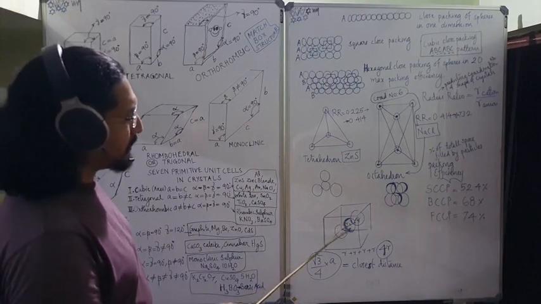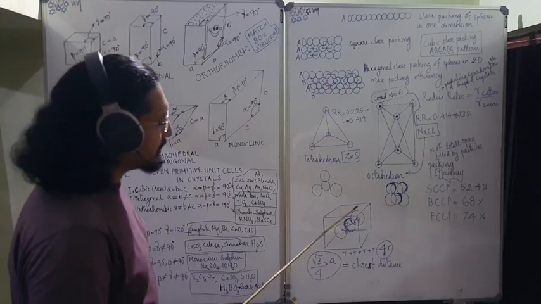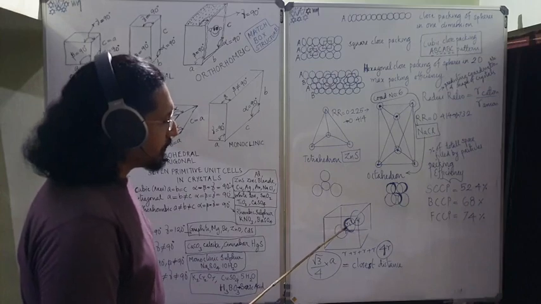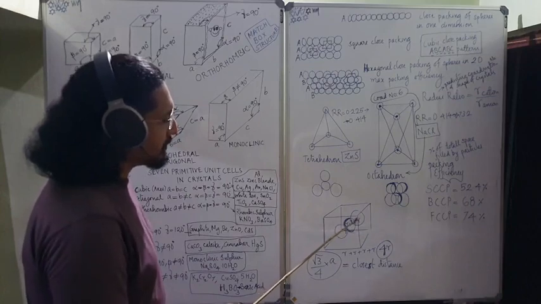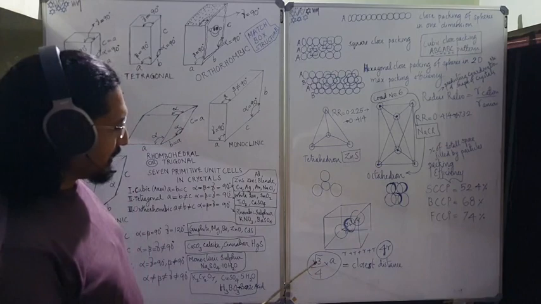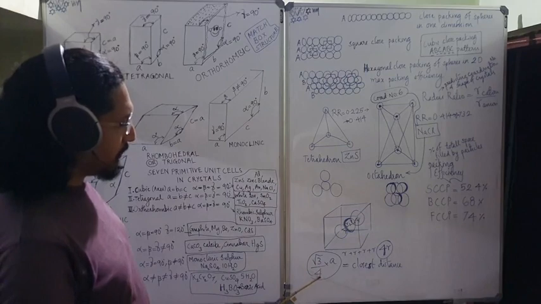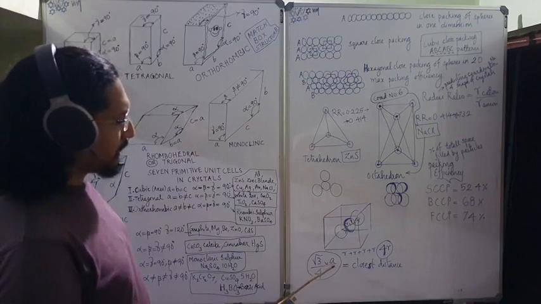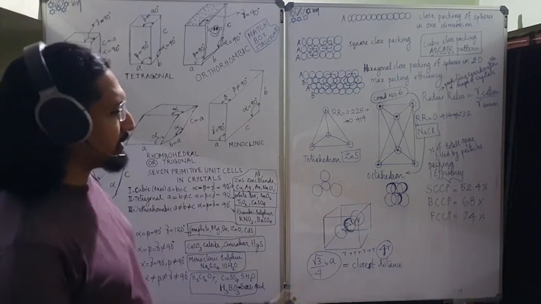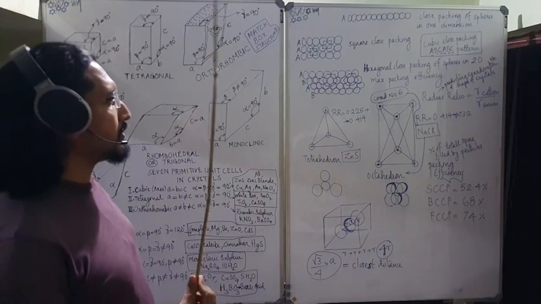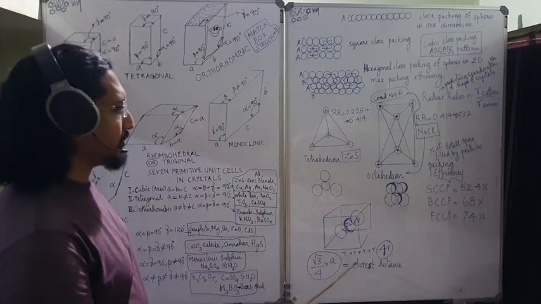In between there is a body-centered sphere. So the distance is r plus r plus r plus r, that is 4r. That means the whole body diagonal comes to root 3 times the edge length, divided by 4, which gives the closest distance. That is the explanation from the second class.